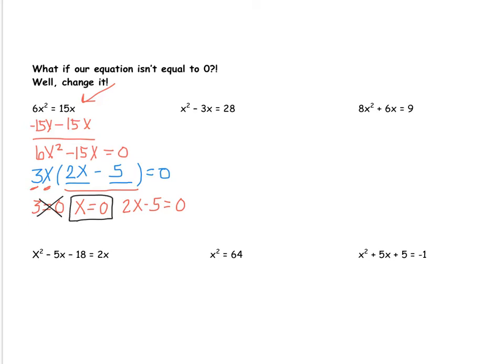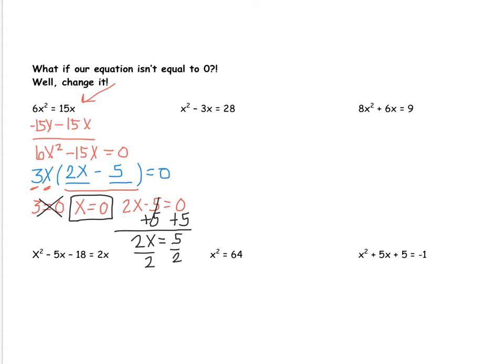And now 2x minus 5 equals 0. We need to solve that. So the first thing I'm going to do is add 5 to both sides. So I have 2x equals 5, and then I'm going to divide by 2.